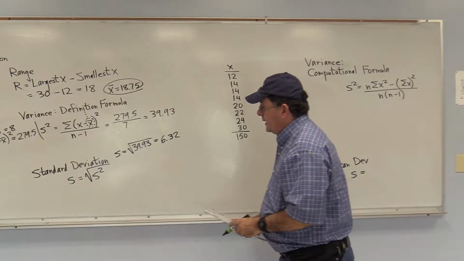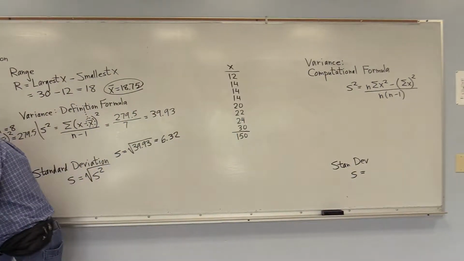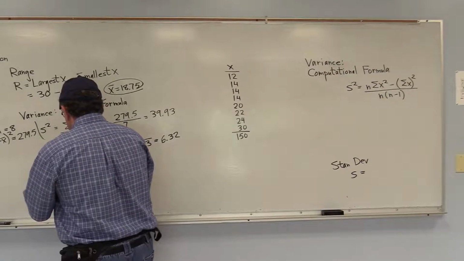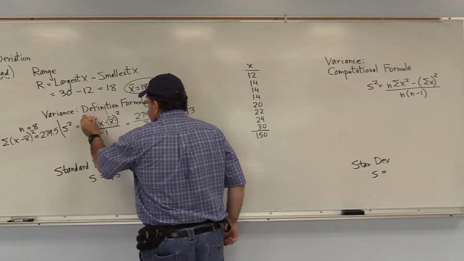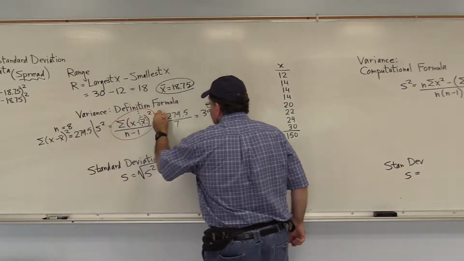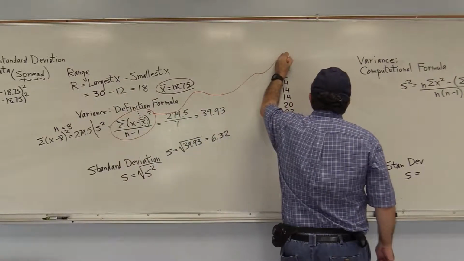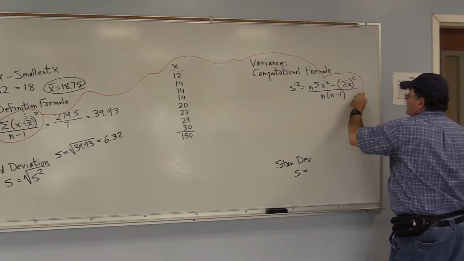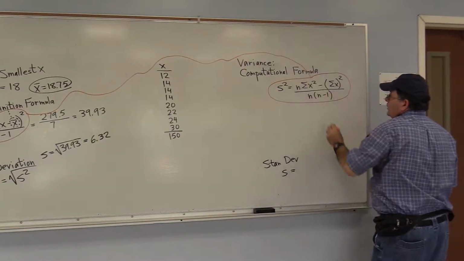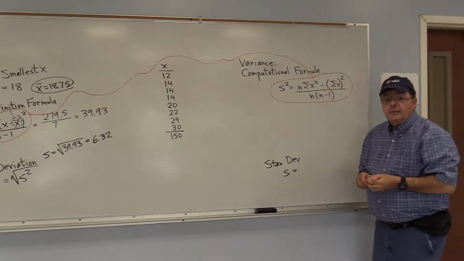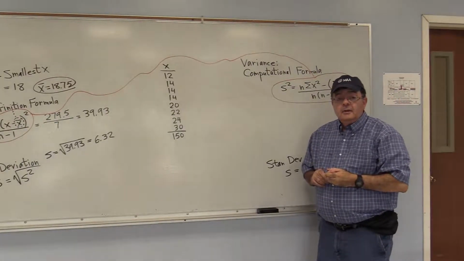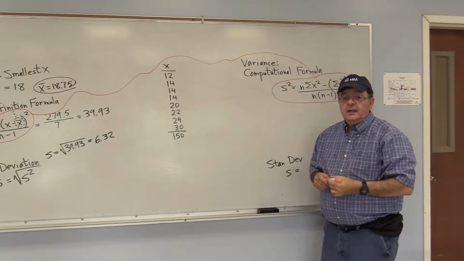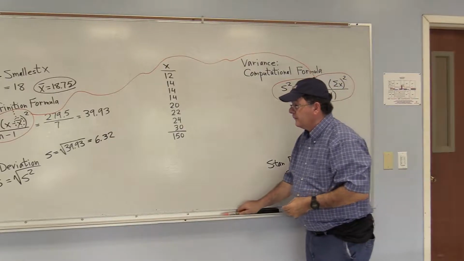Now, through the magic of algebra, this formula can be manipulated and converted, and follow me over here, it can be converted into this formula, which we call a computational formula, because it's easier to use when actually calculating the variance.